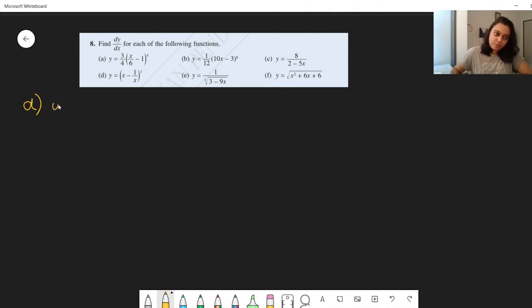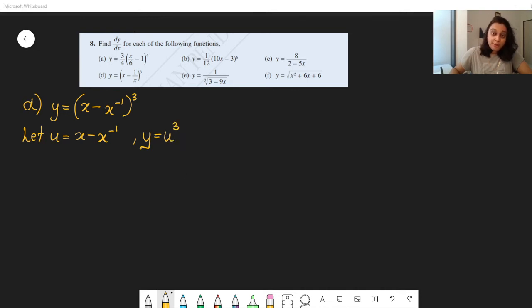So we have y equals (x minus 1 over x) to the power of 3. This x I'm going to bring up to the numerator's place, so it becomes x to the power of negative 1. Now I let u equal the inside, x minus x to the power of negative 1. So my y will be u to the power of 3.